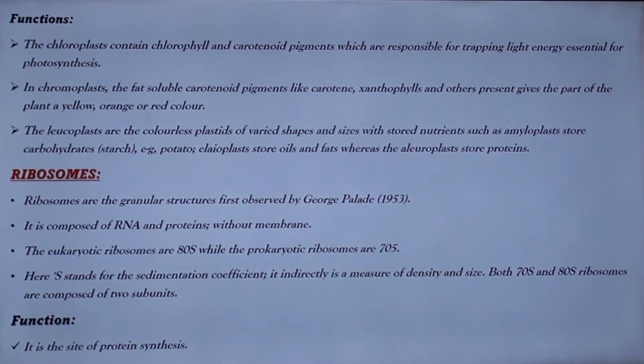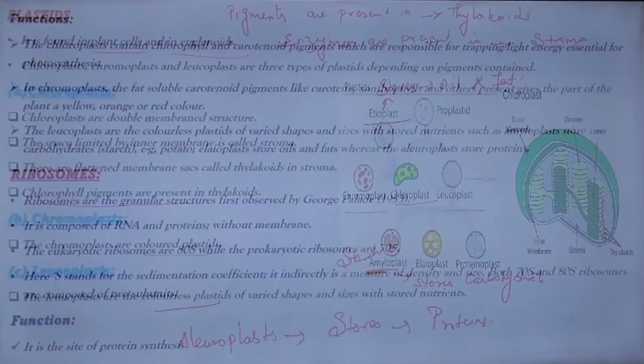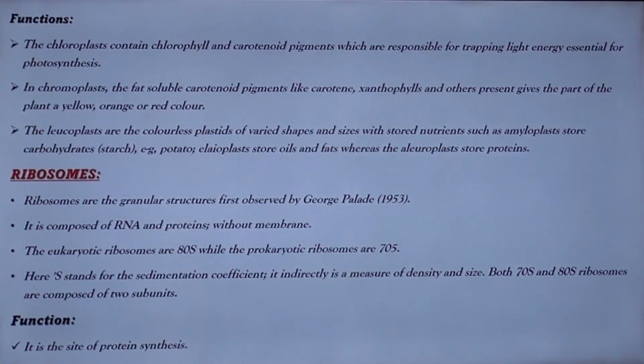So next one. What is the function of these plastids? The chloroplast contains chlorophyll and carotenoid pigments which are responsible for trapping light energy, essential for photosynthesis.